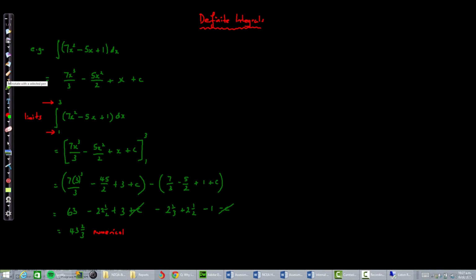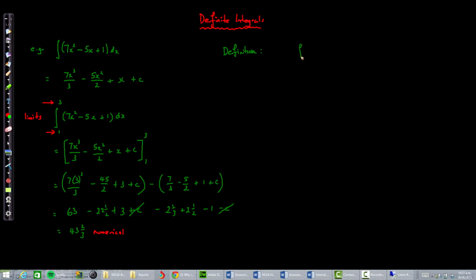Okay, so let's try and explain things in a more general sort of way. We're simply going to go with a definition here. This is a definition of what a definite integral is. Okay, so definition.